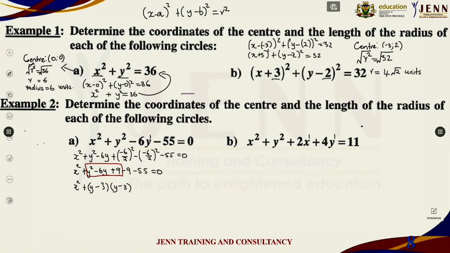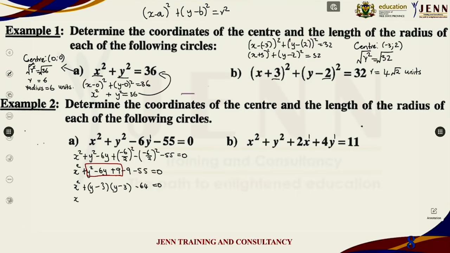Then we say -9. Then we say -9 minus 55. -9 minus 55 gives us -64 equals 0. Okay, then from here, what do you see?